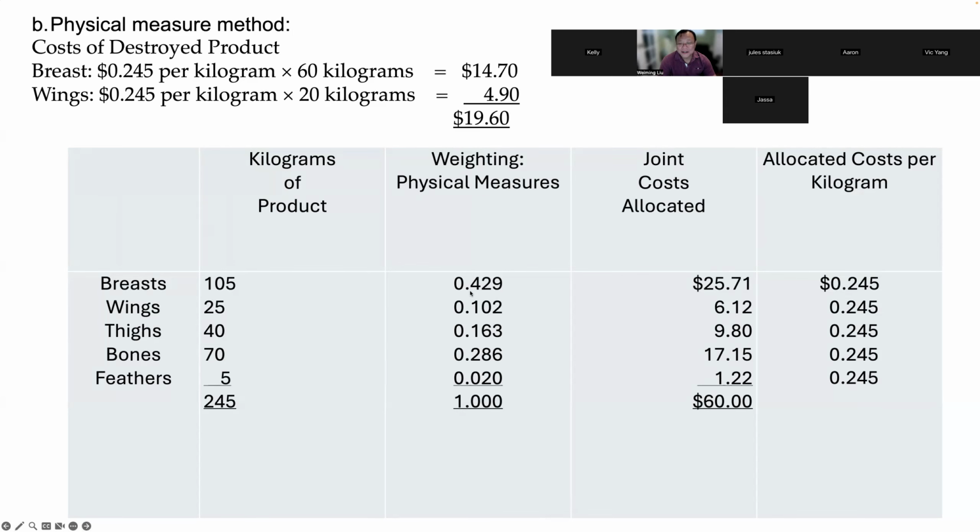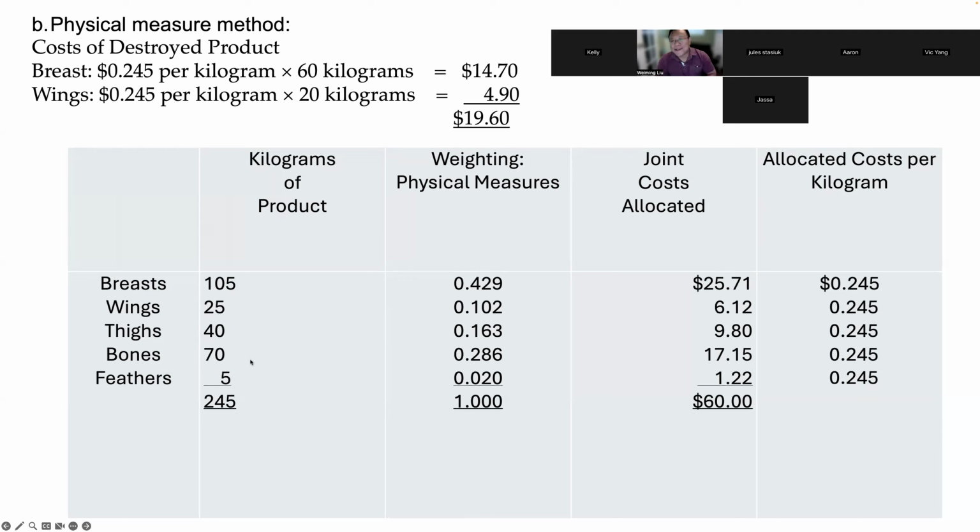So based on the idea that revenue matches the cost, it's much better to use the split off method. You should not penalize the bones by assigning them more cost because they're heavier.